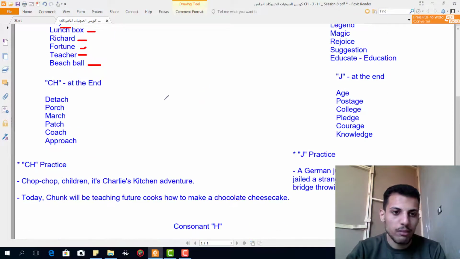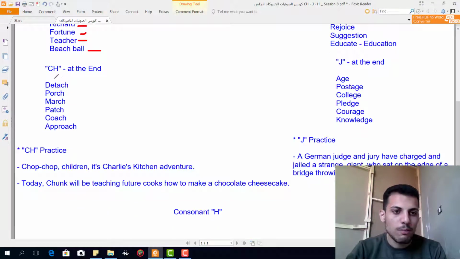Remember the dark L from that session or the one before. Cha at the end: detach, porch, march, church. When you say march, it's the cha sound, not sha. Patch, coach, approach, and church as well.